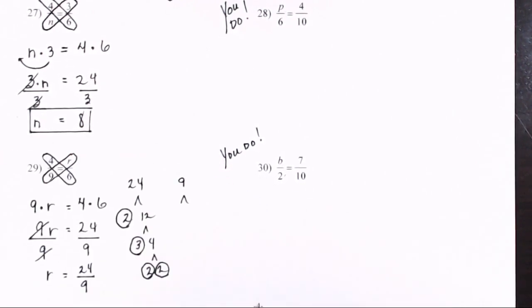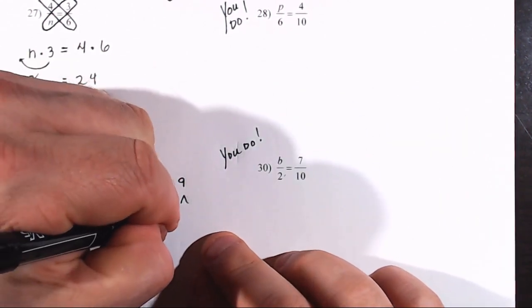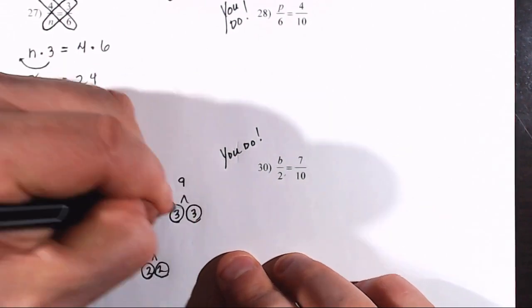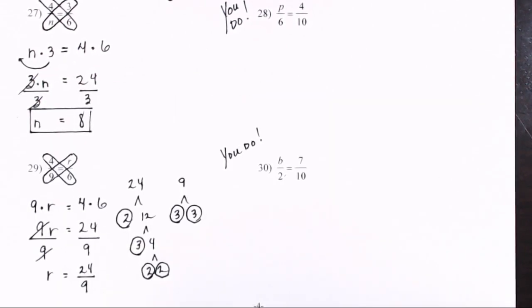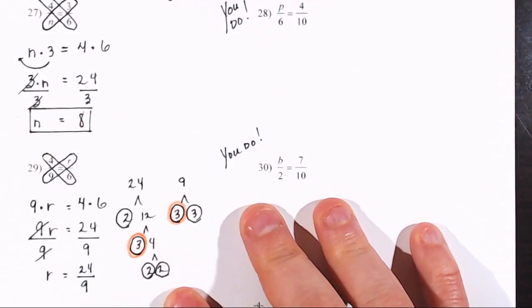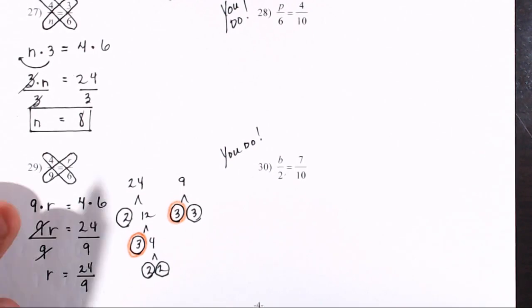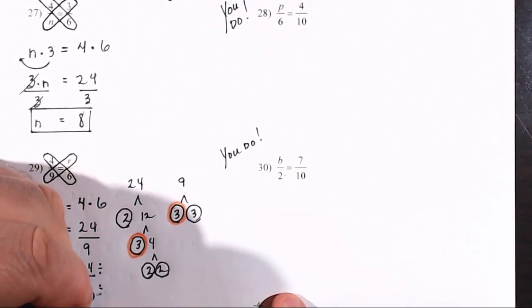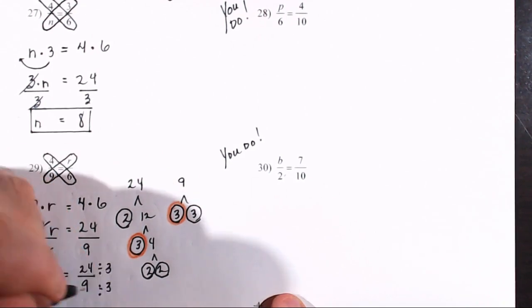Now, I'm looking for the greatest common factor. So what are the factors of 9? 3 times 3. Those are both prime numbers. So those are my factors of 9. What's the greatest common factor? Well, the greatest common factor is just 3. So I'm going to divide the numerator and the denominator by 3.